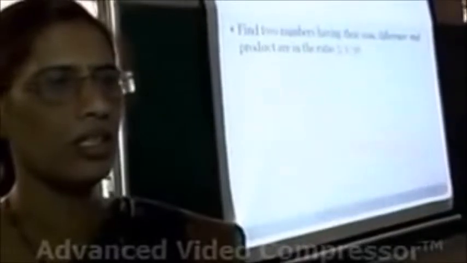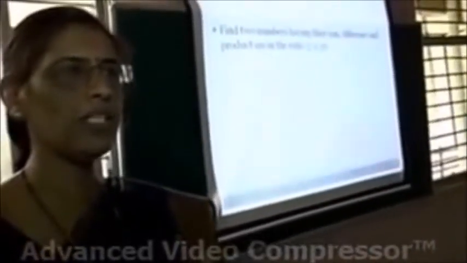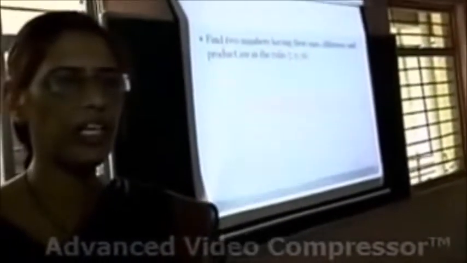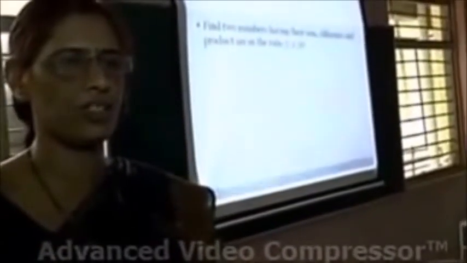Problem: set up all possible proportions from the numbers 8, 12, 20 and 30. Find two numbers whose sum, difference and product are in the ratio 5:1:36.